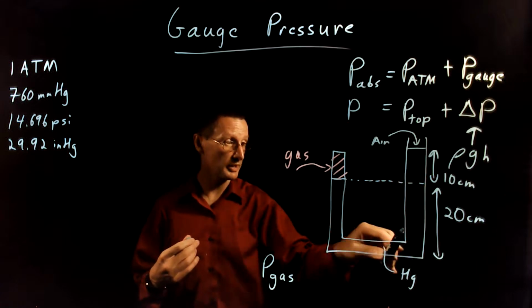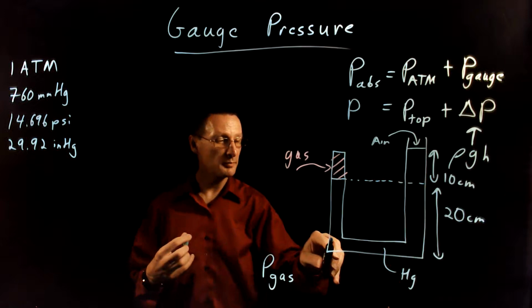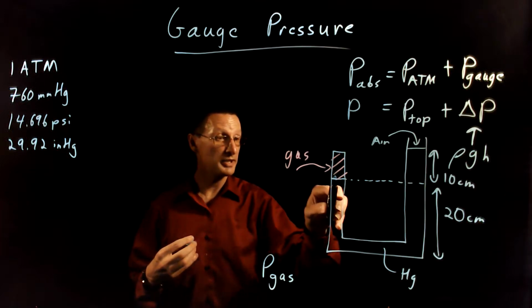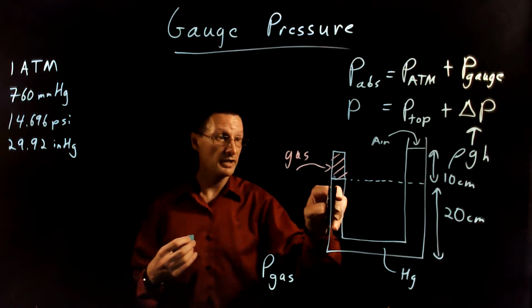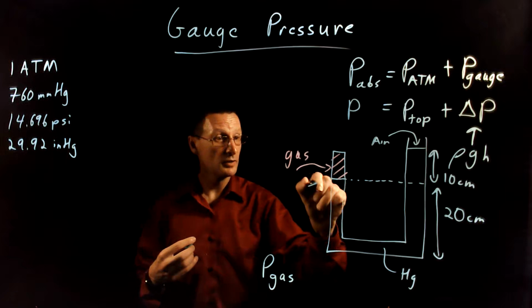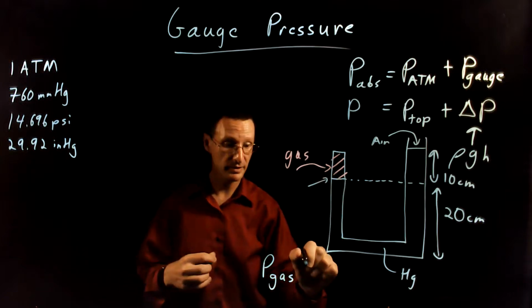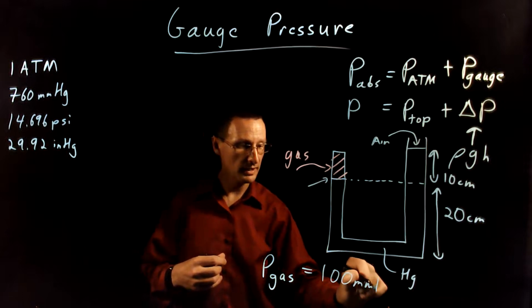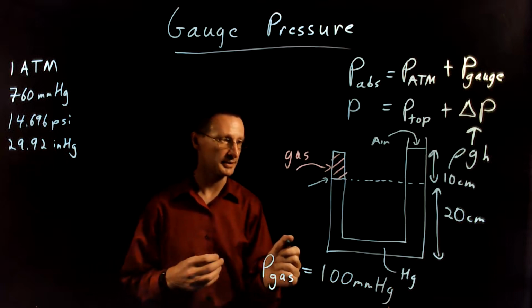That's 10 plus 20. And then as we move here, it doesn't increase. And now we're going to decrease our depth, and the pressure will decrease by 200 millimeters of mercury. So now the pressure here will be 10 centimeters of mercury, or 100 millimeters of mercury. Okay, so that's how this gauge pressure works here.